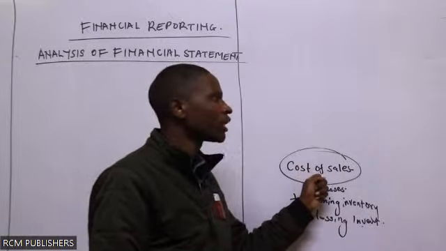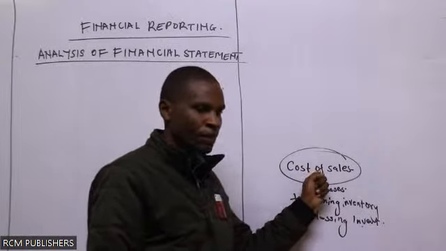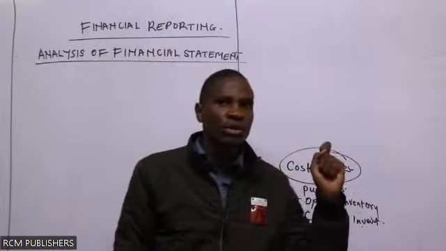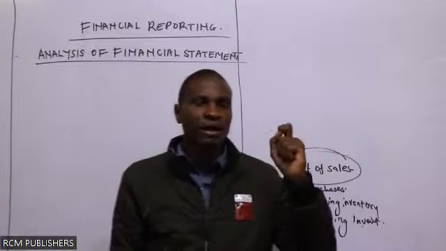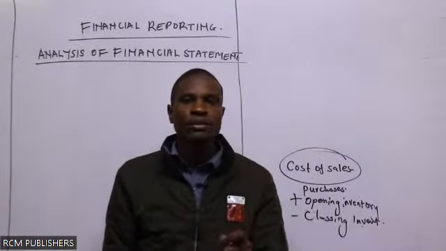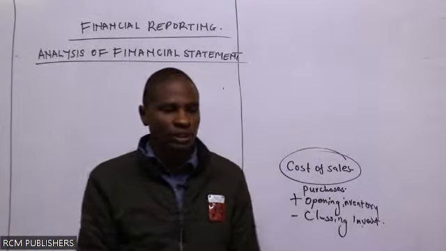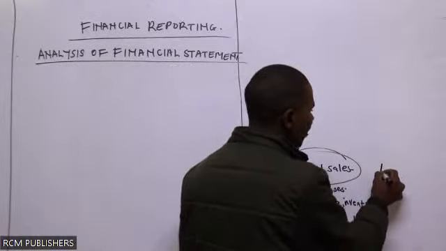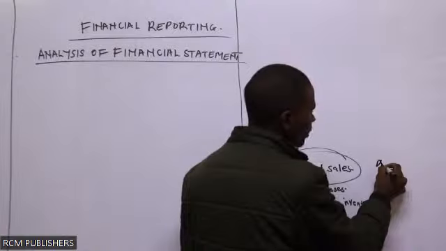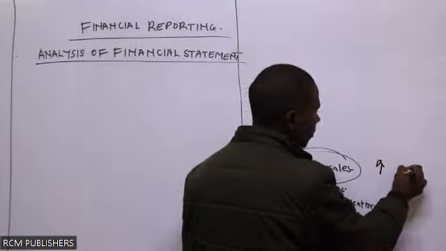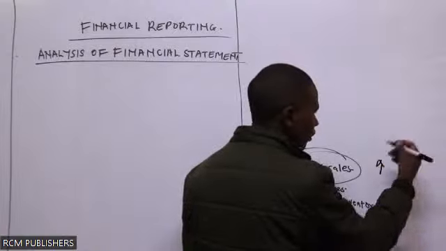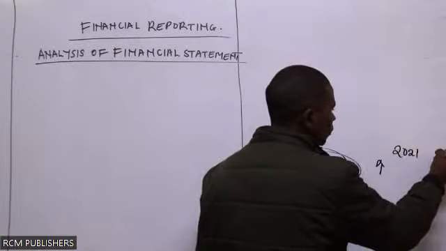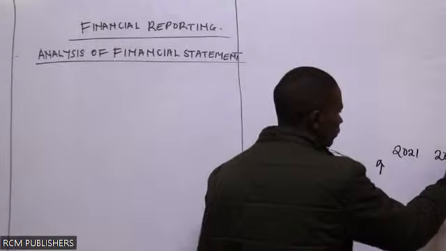The cost of sale will always affect our gross profit. Assume we have a higher cost of sale in a certain year compared to another year. For example, let's say I have 2021 and 2022.